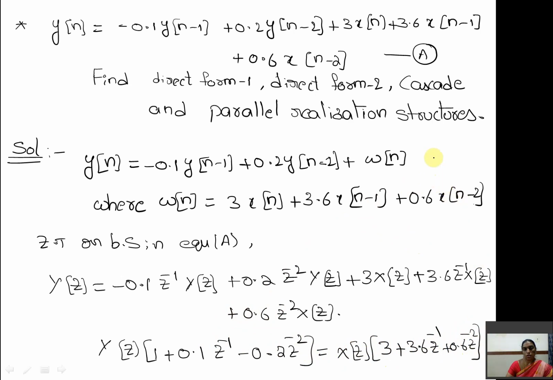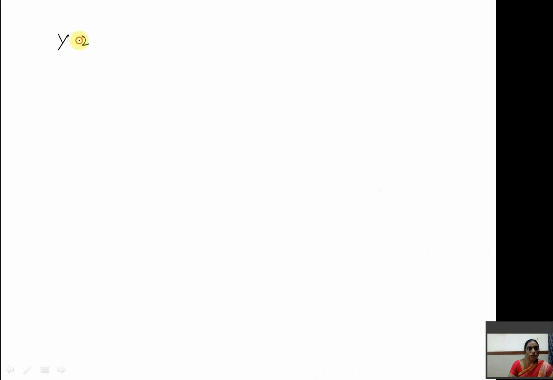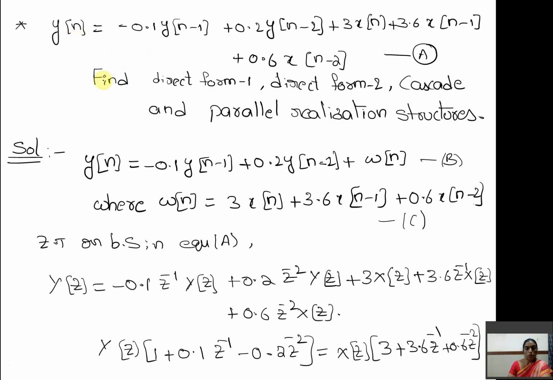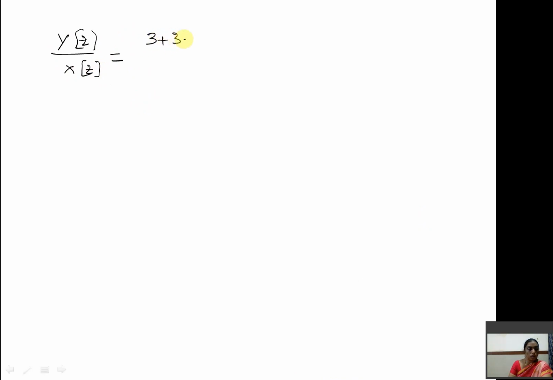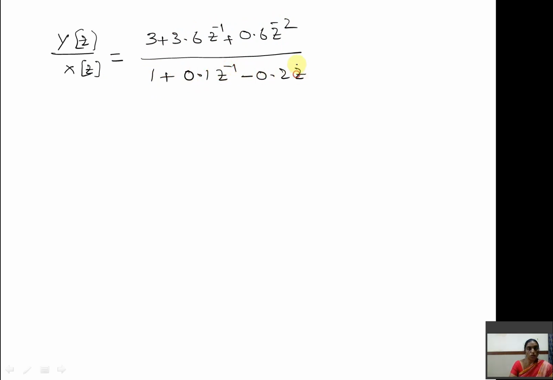Consider this one as the B equation, this one as the C equation, and now from this y of z by x of z is equal to 3 plus 3.6 z inverse plus 0.6 z power minus 2 divided by 1 plus 0.1 z inverse minus 0.2 z power minus 2, that is H of z, the transfer function of the system. Consider this one as the D equation.